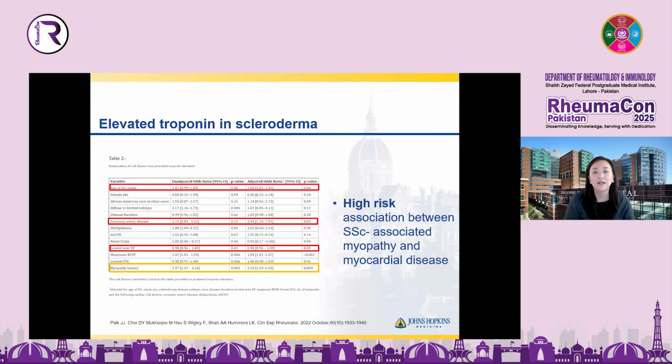of renal crisis. But I want to highlight here, we wanted to then ask the question, if you had an elevated troponin, what were the risk factors that preceded that elevated troponin? And we clearly saw that the odds ratios were much higher if you had a lower age of scleroderma onset.